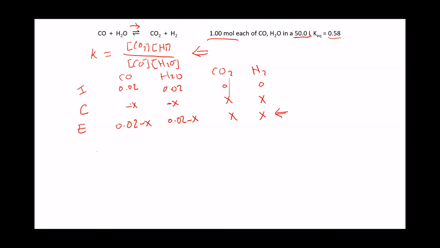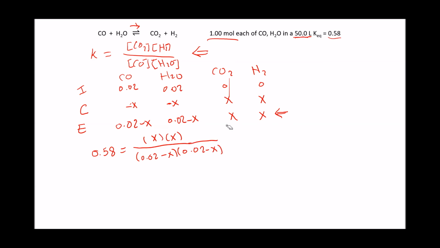So the equilibrium constant 0.58 equals the concentration of carbon dioxide, which is x, times hydrogen, which is x, divided by carbon monoxide, which is 0.02 minus x, times water, which is 0.02 minus x.